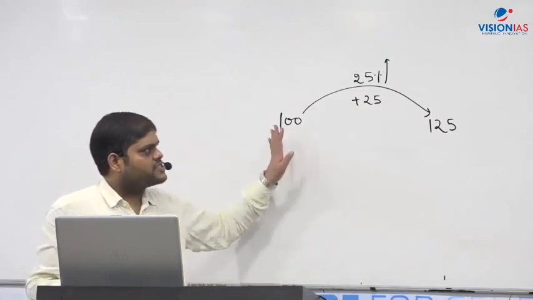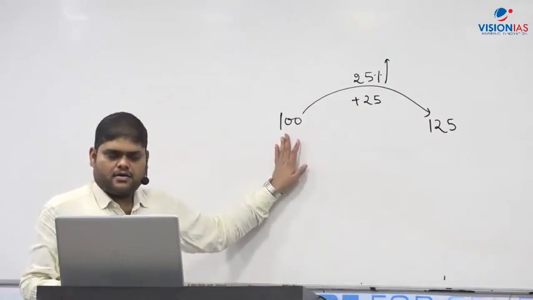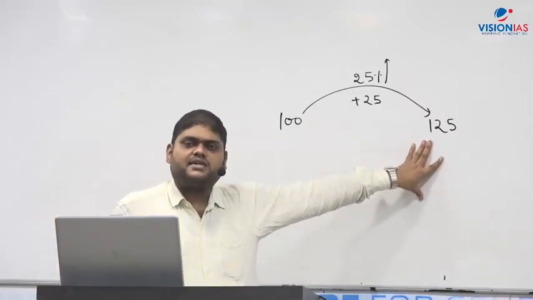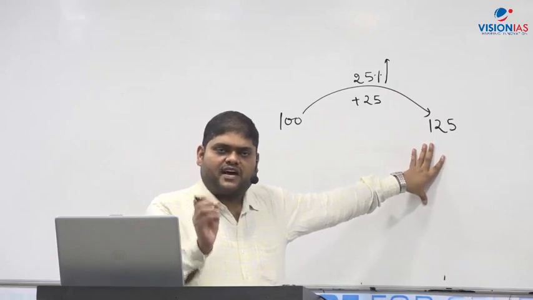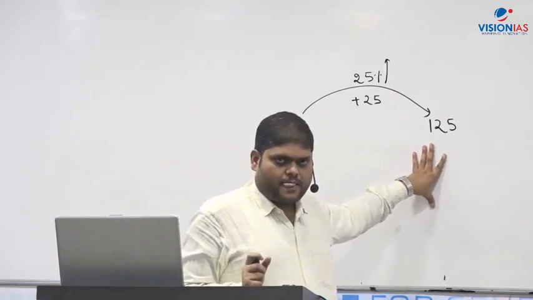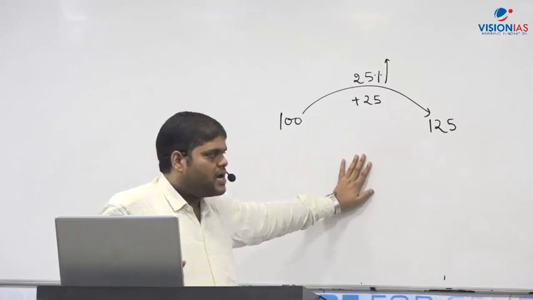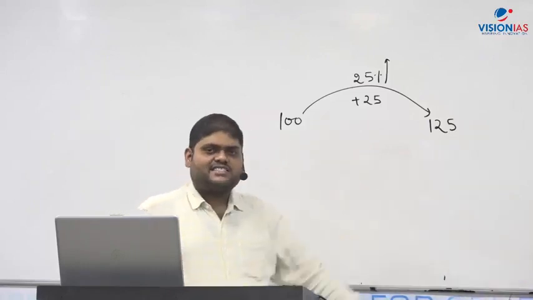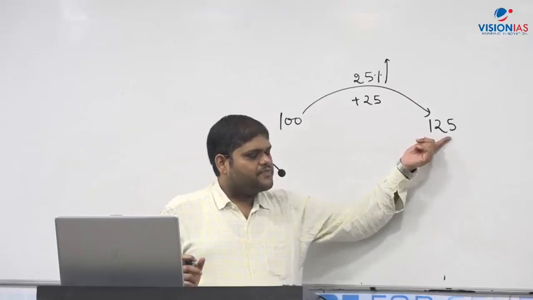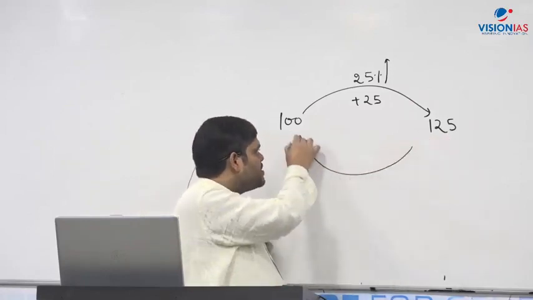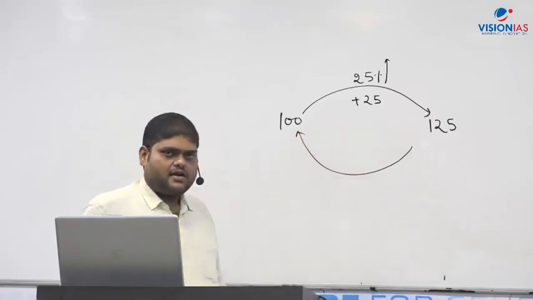If anything was 100, and you increase it by 25%, the number becomes 125. Now the question is, how much do I have to decrease now so that I will reach back here?